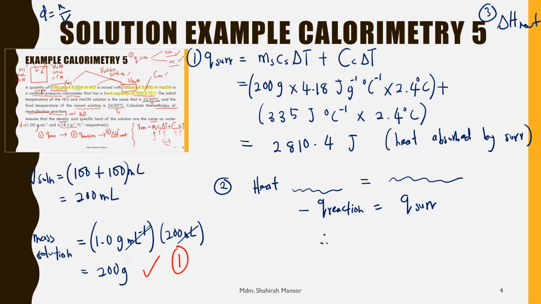Okay, so the Q reaction will be negative 281.04 joule. Okay, so next kita nak cari jawapan untuk enthalpy of neutralization.